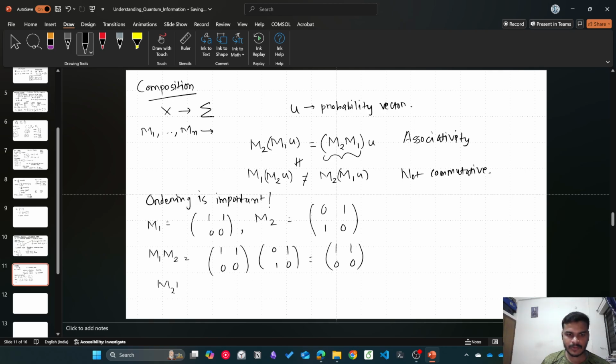Now we multiply M2, M1. This is 0, 1, 1, 0 times 1, 1, 0, 0. Row and column, this is going to be 0. Row and column, this is going to be 0. Row and column, going to be 1. So these two matrices are not equal. That's why it is not commutative. This is a well-known thing in linear algebra, right?